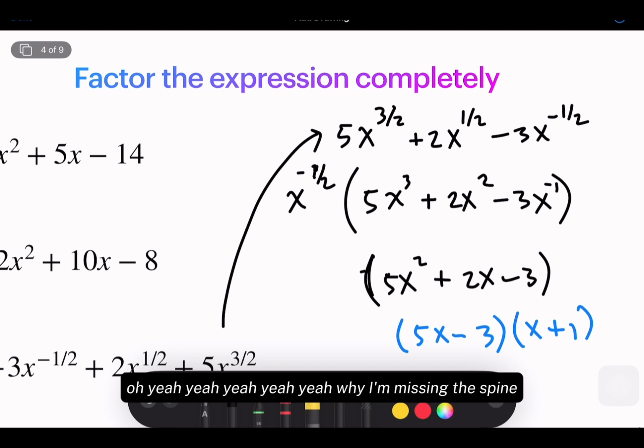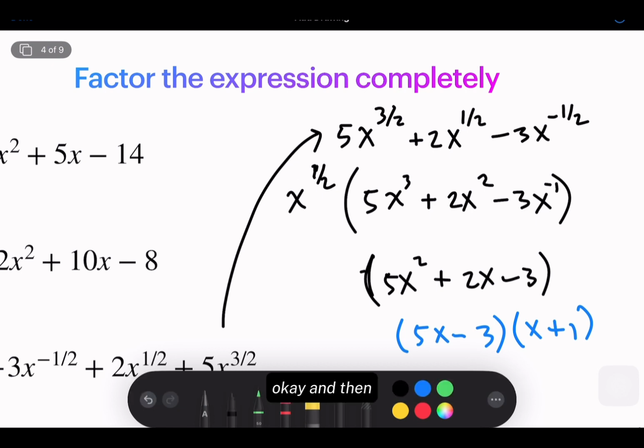Why am I missing that at this point? Okay, and then, yeah.